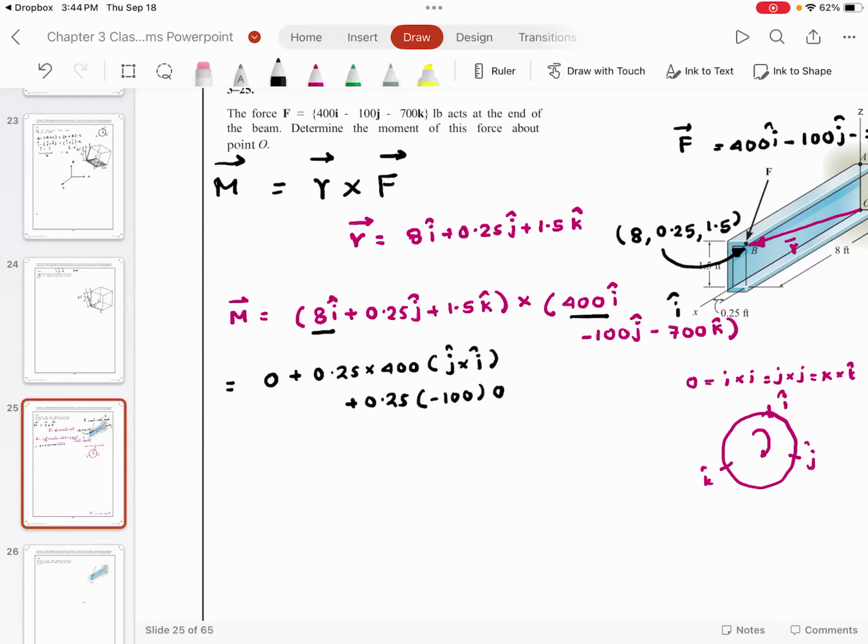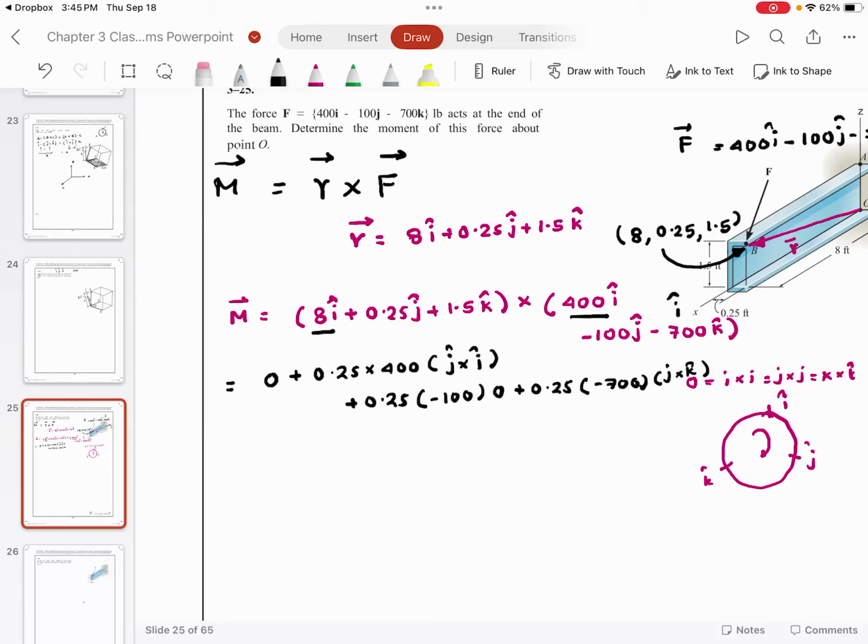Then 0.25 times minus 700, j cross k. Now what I have is minus 800.